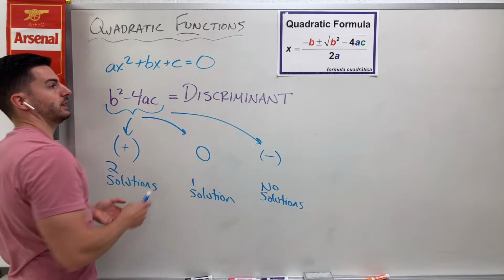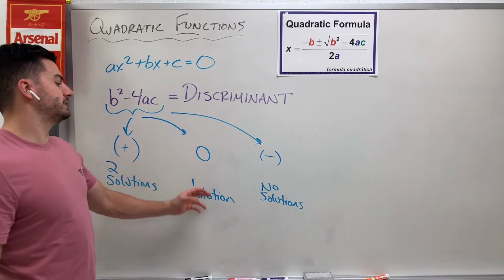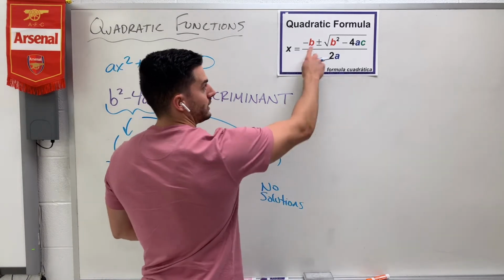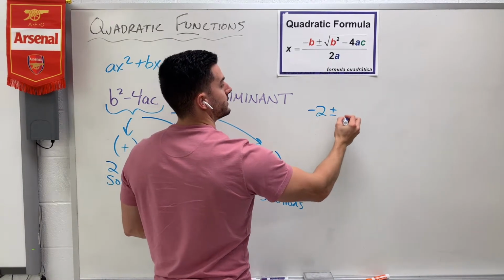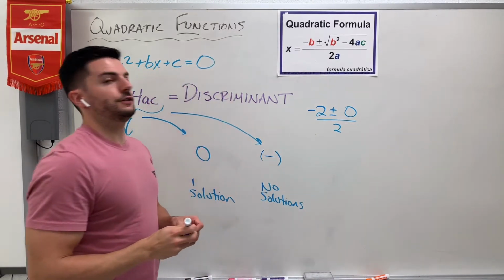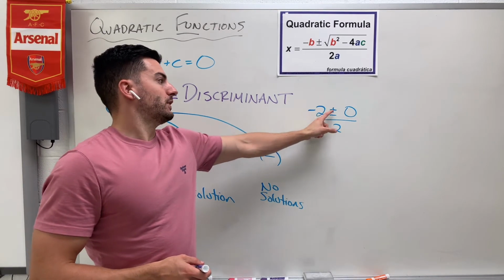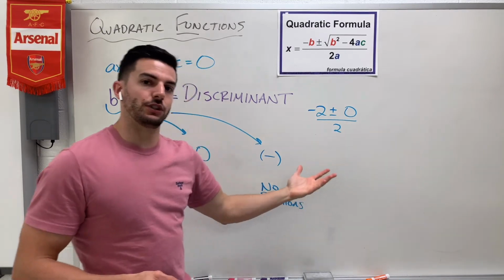If we take the square root of zero, it would just be zero. And the reason this would end up with one solution is, let's just say the b value is 2. So it'd be negative 2 plus or minus 0 over 2. On the top of the fraction here, if we had negative 2 plus or minus 0, whether we added or subtracted 0, that wouldn't really matter.